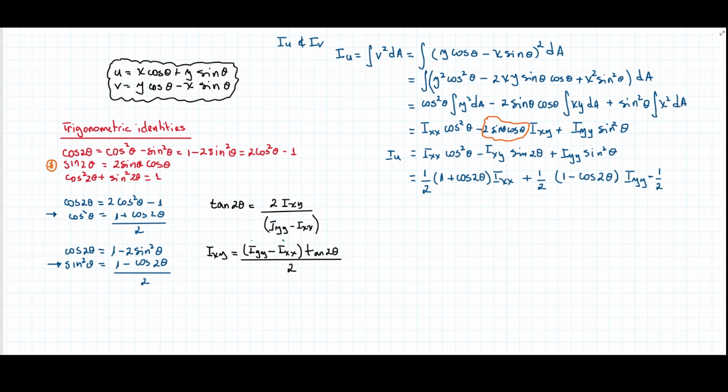It's going to have the tangent, but the tangent is defined as the sine of twice the angle divided by the cosine of twice the angle, then multiplied by this one here. So it's going to be sine square of the angle divided by cosine of the angle, times y minus x.